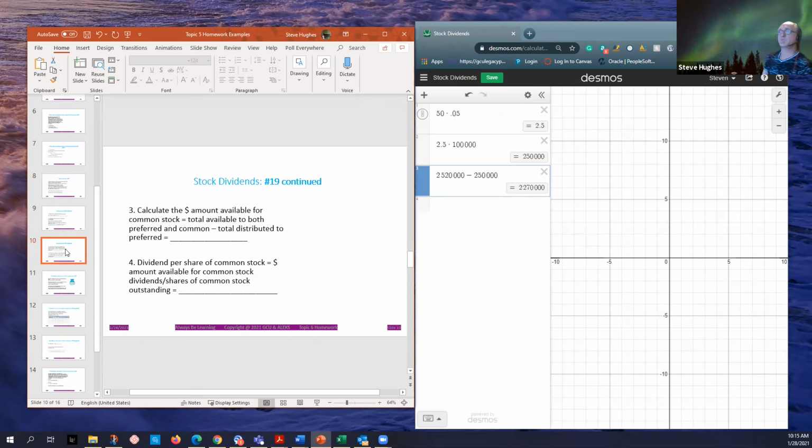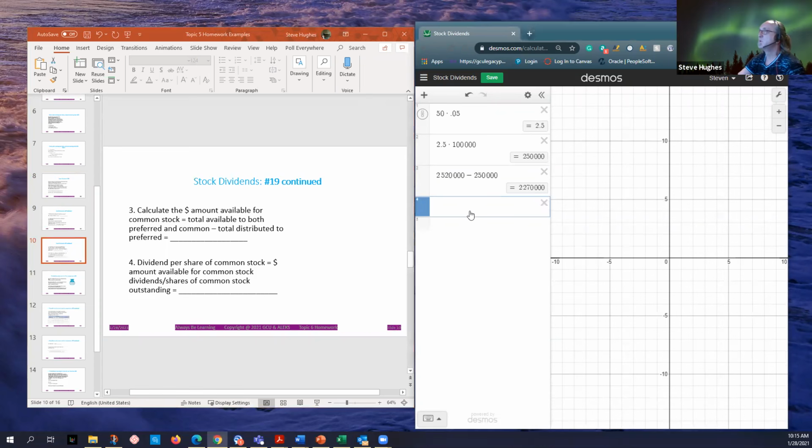So we want to find the dollar amount available, 2,270,000, divided by the number of shares, which was 2,090,000. So the dividend per share of common stock is $1.09.